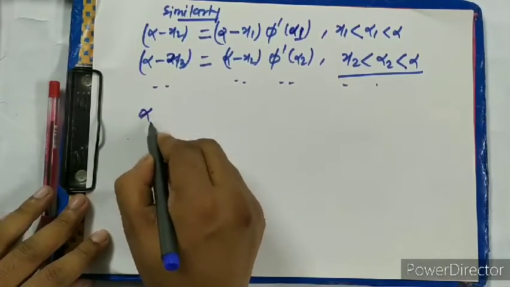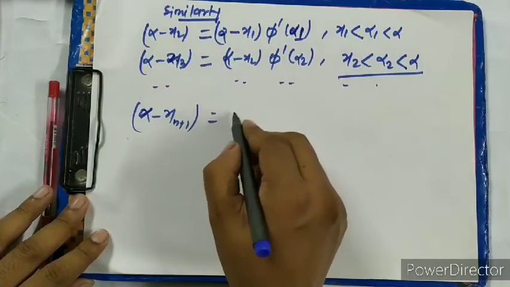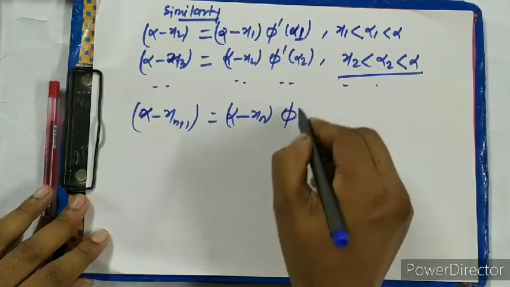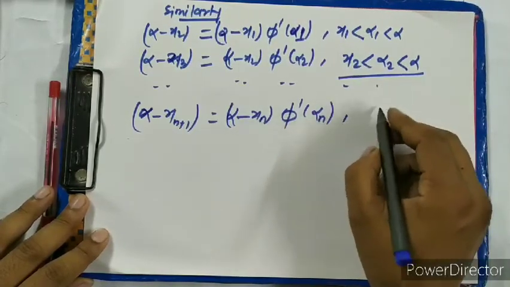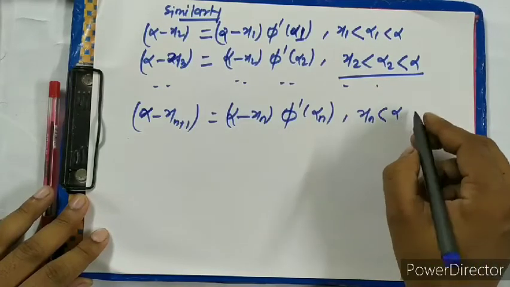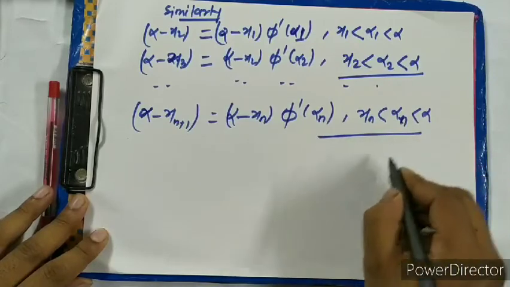Finally, we get alpha minus xn plus 1 is equal to alpha minus xn into phi dash of alpha n, where alpha n lies between xn and alpha. Okay, is it clear?